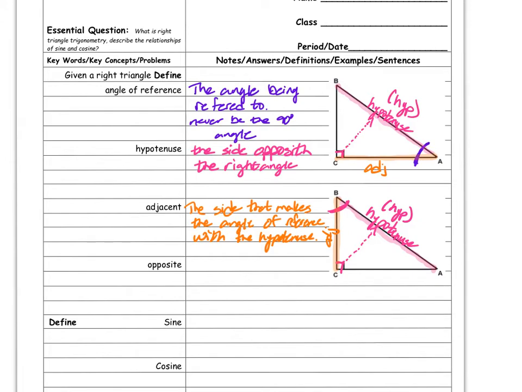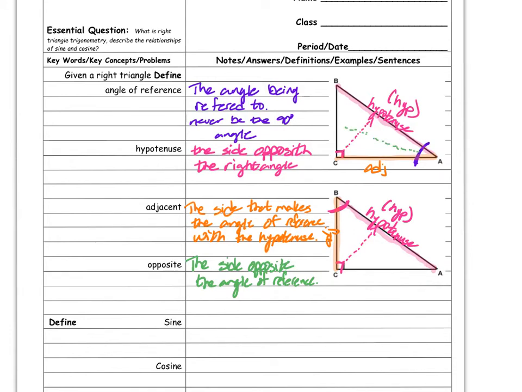And I think we have one more definition, which is the side opposite, and it's pretty easy. It says the side opposite the angle of reference. Okay, so it's the side opposite the angle of reference. So if angle A is my angle of reference in this triangle, it's the side opposite.